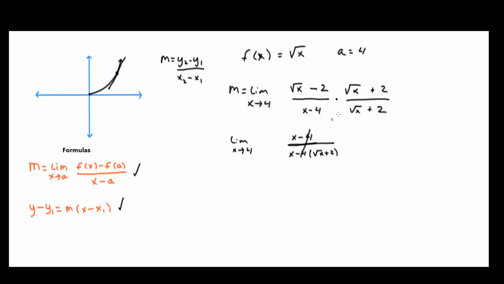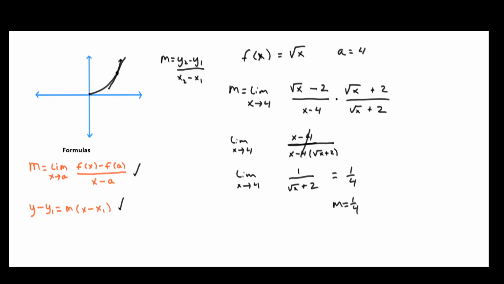Then these cancel, and we have 1 over radical x plus 2. And then once we plug our a value in, we end up with 1 over 4. So that's our slope.